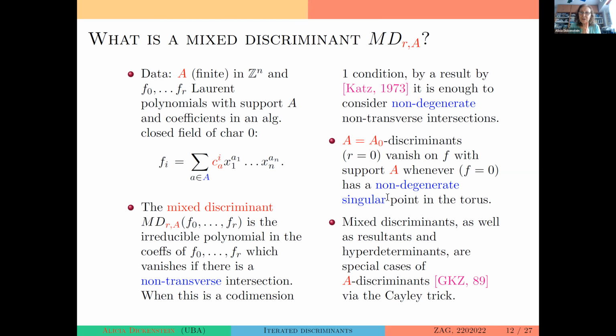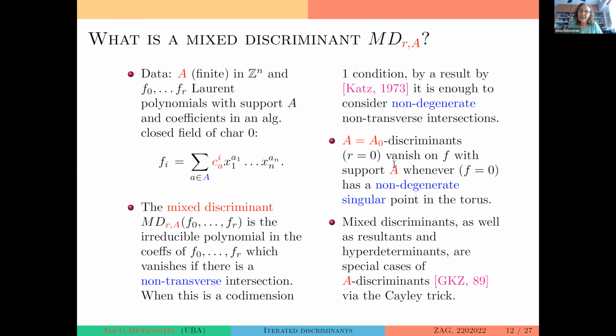But using a result by Nick Katz on Lefschetz pencils, we prove, and it's not difficult to prove, that it is enough to consider not only non-transverse, but non-degenerate non-transverse intersections. For instance, they share the same tangent, but the Hessian has maximal rank.